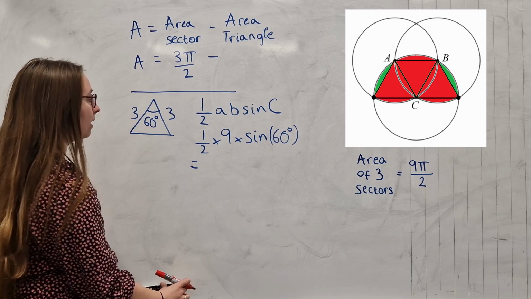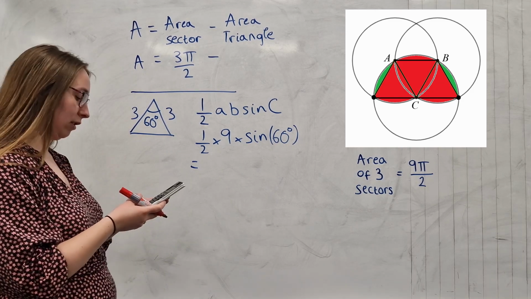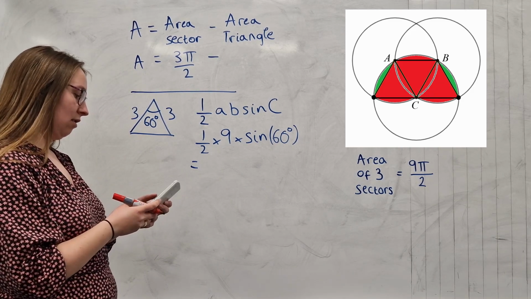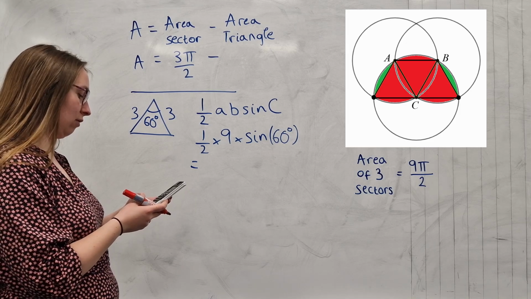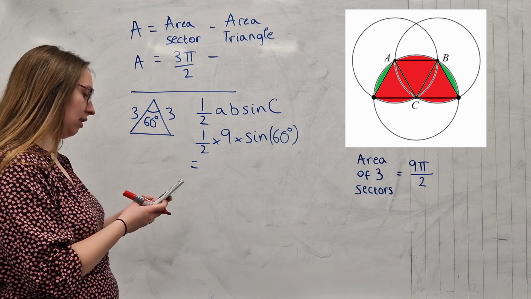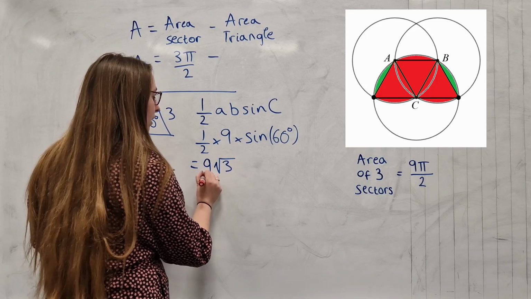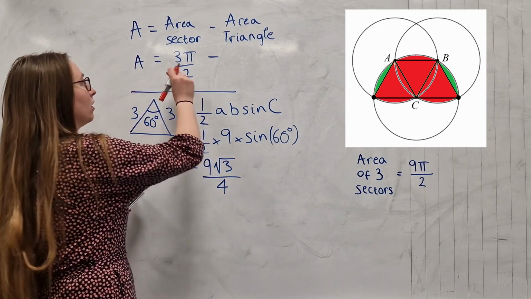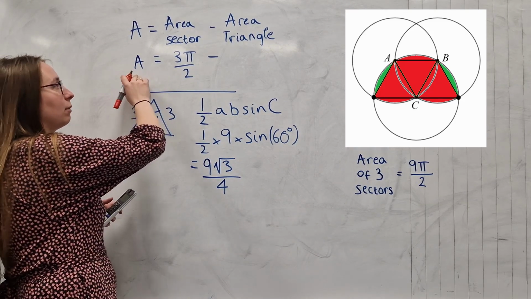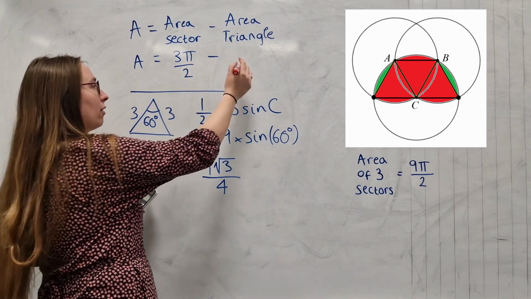I probably should be able to work that out in my head, but I can never remember what sine 60 is. Sine 60 gives us 9√3 over 4. So the area of the segment is 3 pi over 2 minus 9√3 over 4.